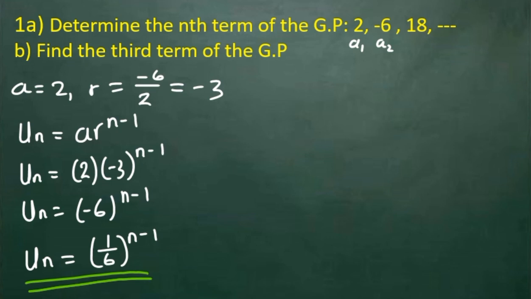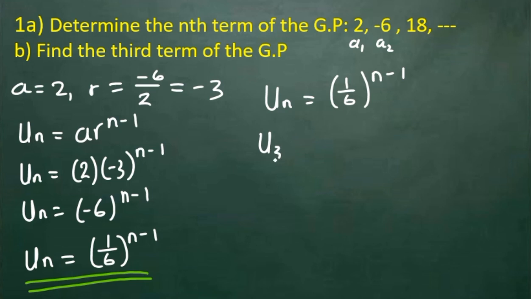Now B says we should find the third term of the given GP. We know that Un is 1 over 6 to the exponent of n minus 1.